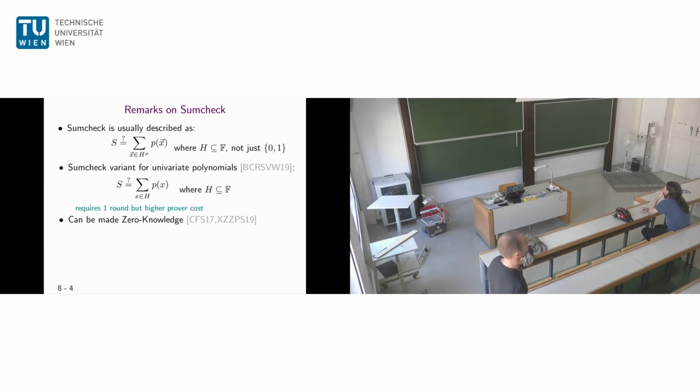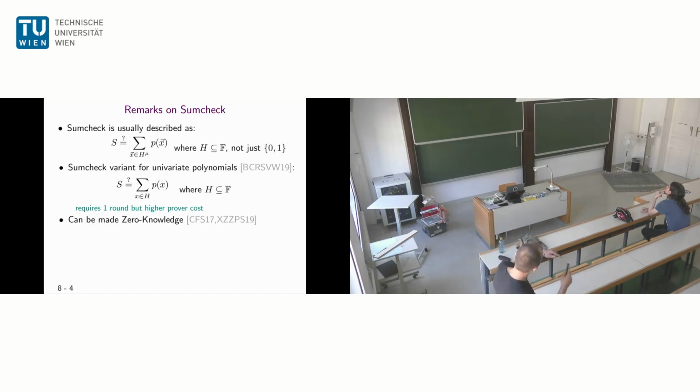Then further, it can be made zero-knowledge, meaning that we can devise the protocol such that there is no way for the verifier to learn about the coefficients. We do this usually by blinding. At each round, the prover is sending polynomials.